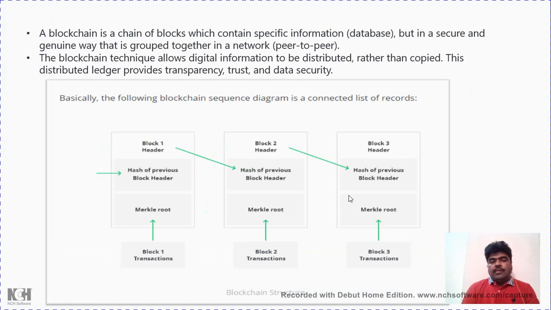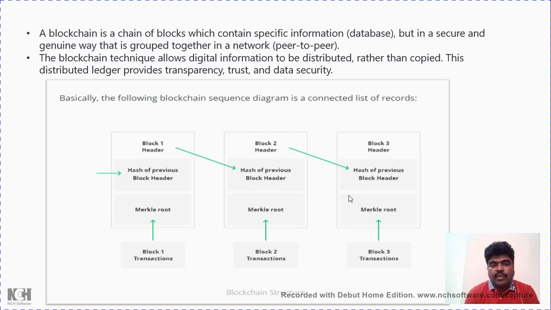Once we see this blockchain network, the next step is what is being transmitted through the network. The chain of blocks will be transmitted through the network. What can a block consist of? A block can consist of a set of transactions bundled together and formed into a particular block.